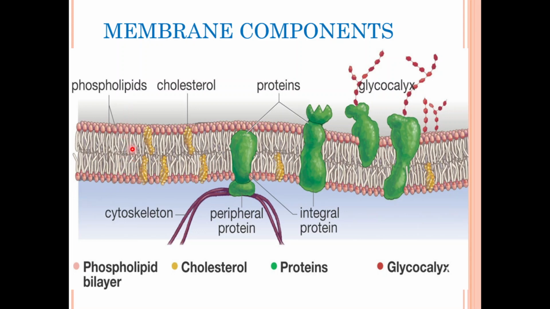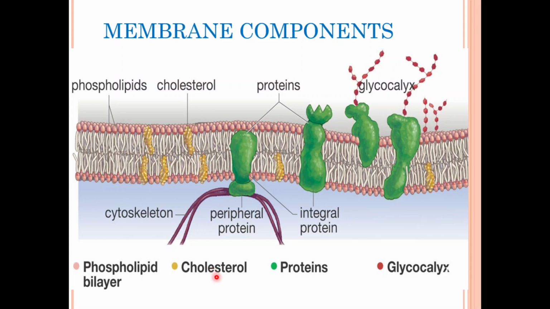So a sandwich structure, a bilayer structure, is formed by the plasma membrane. Phospholipids are present, the yellow colored cholesterol is present in between the membrane, green colored proteins are present, and on the proteins on the outermost side the glycocalyx chains, sugar chains or carbohydrate chains, are present.